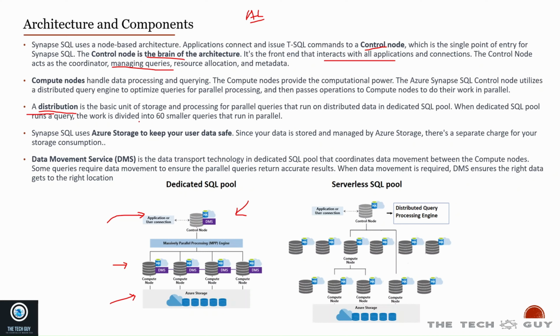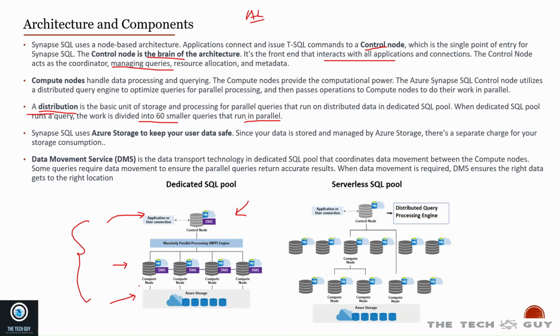So in Synapse, you'll have 60 distributions, which distribute your queries into 60 smaller queries that are run in parallel. So using distribution, Synapse helps you run parallel querying to make sure your queries are fast.